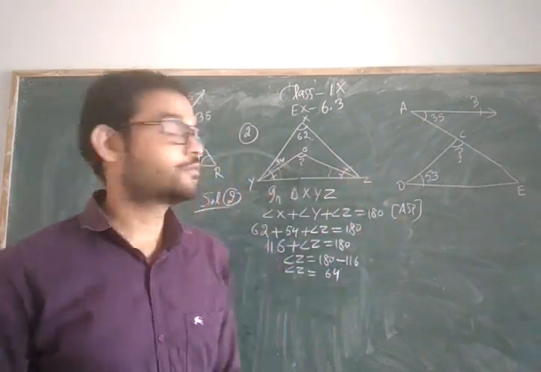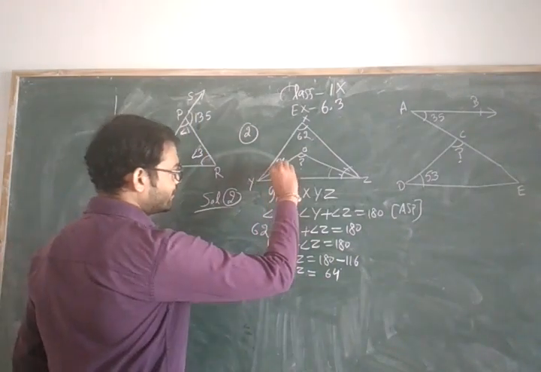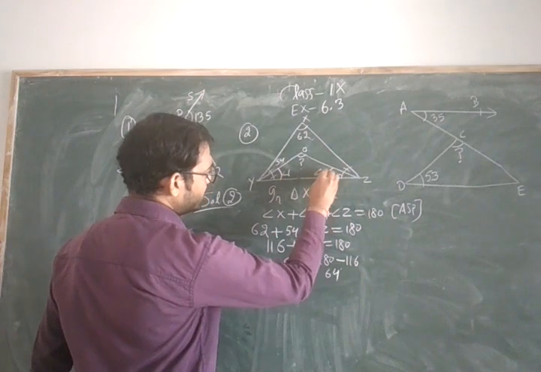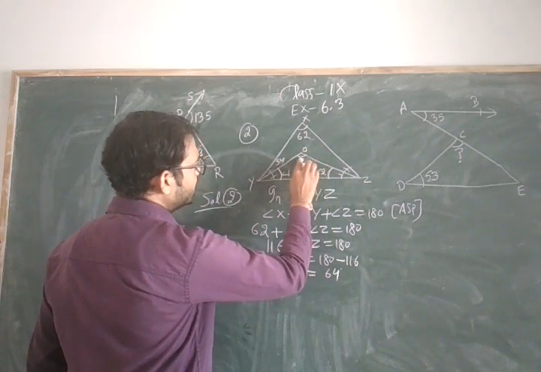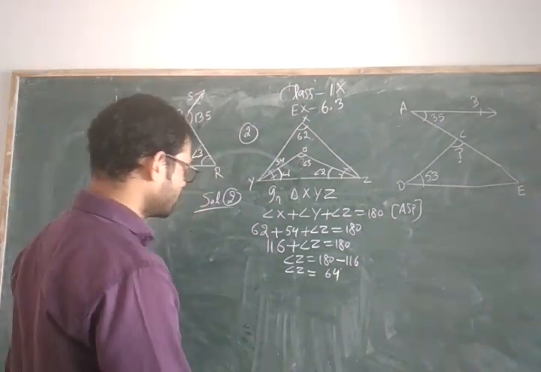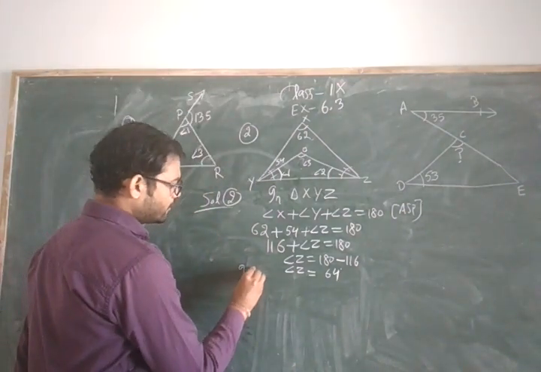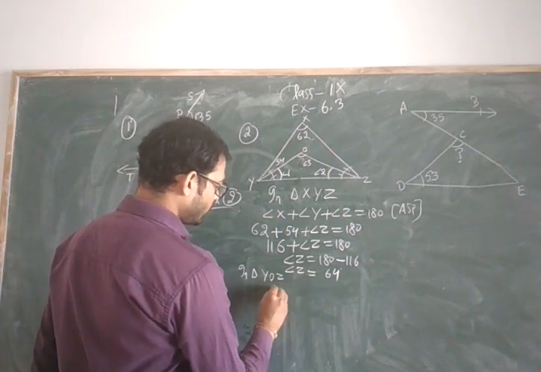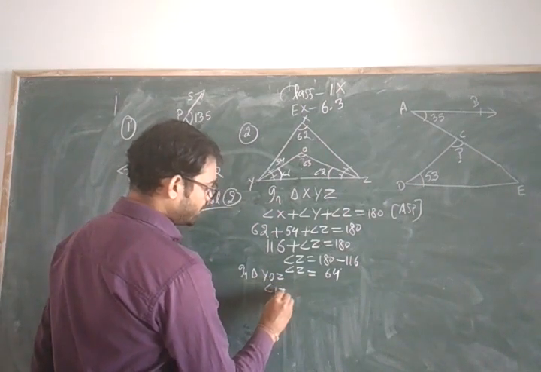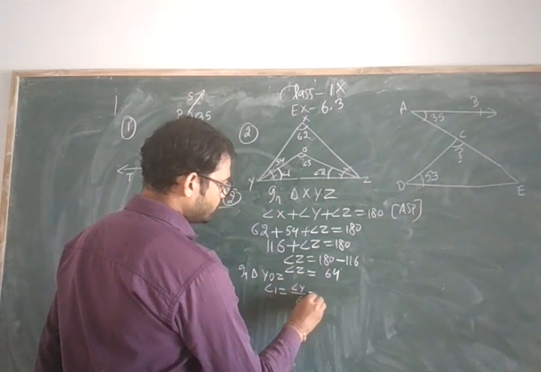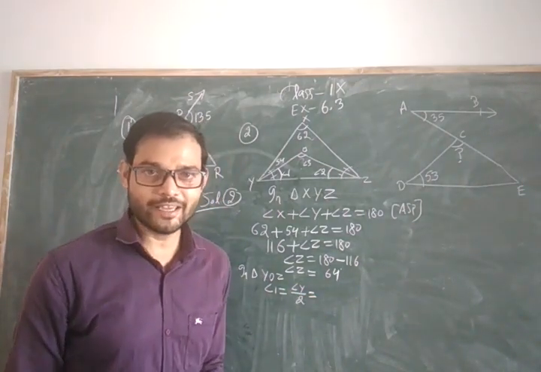So now we have to find out these interior angles. Given now this is angle 1, this is angle 2, and this is angle 3 which we are going to find out. So first of all, in triangle YOZ, angle 1 is equal to angle Y upon 2. ठीक है, पता नहीं क्यों हम ऐसा कर रहे हैं?